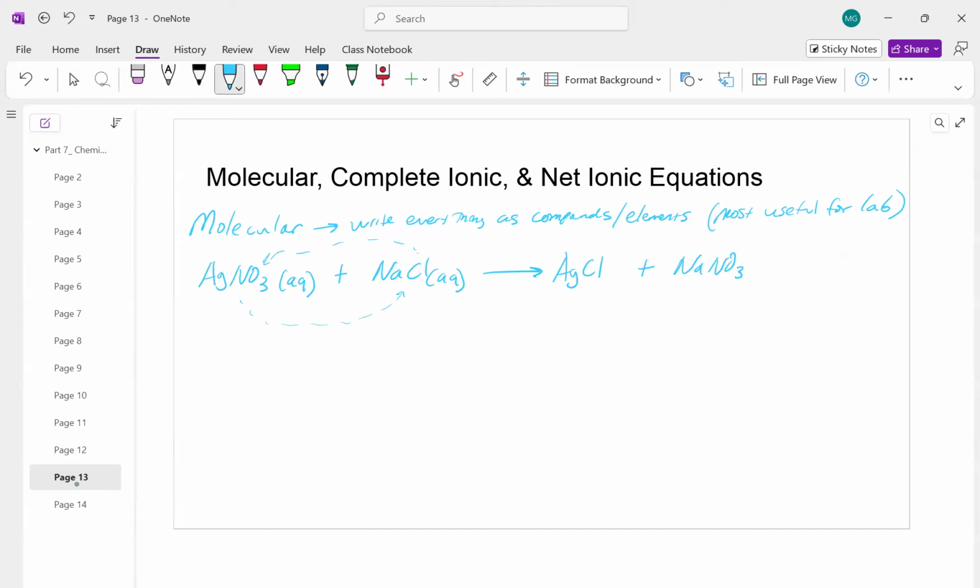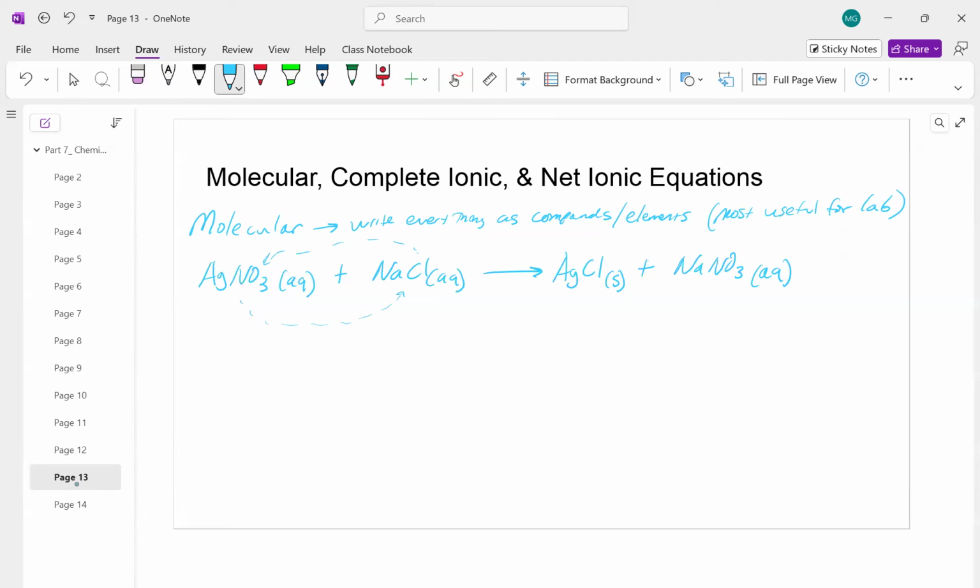Go back and take a look at the table, and you'll see that all chlorides are soluble, except a few exceptions if it's paired with silver, mercury, or lead. So silver chloride is going to form a precipitate, and sodium nitrate, as we saw in another problem, will remain in an aqueous solution.